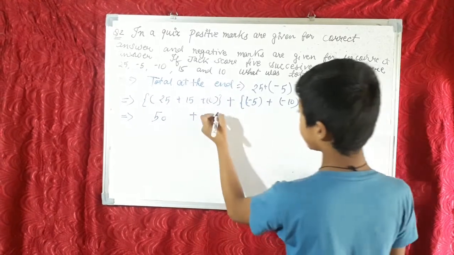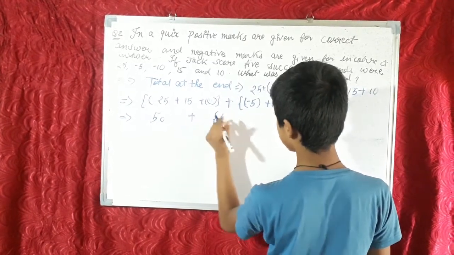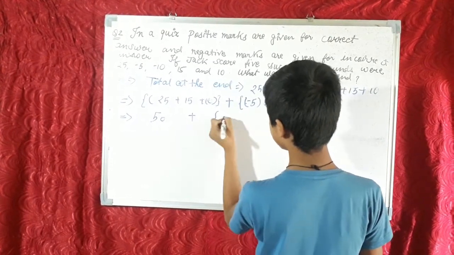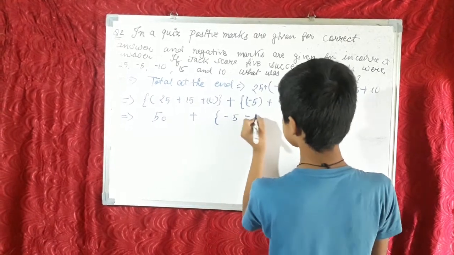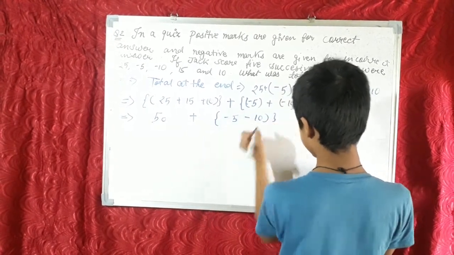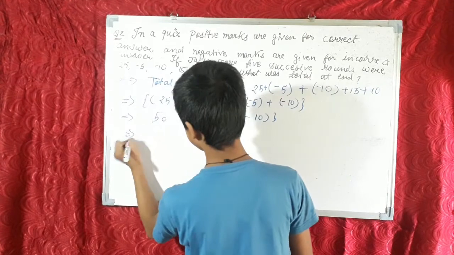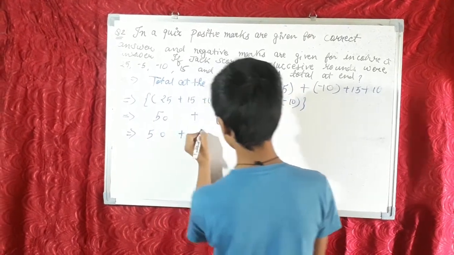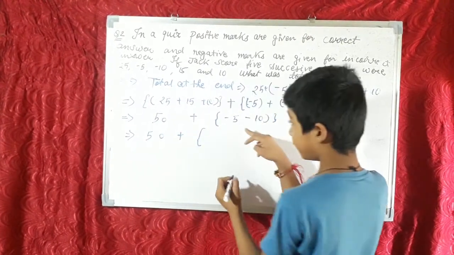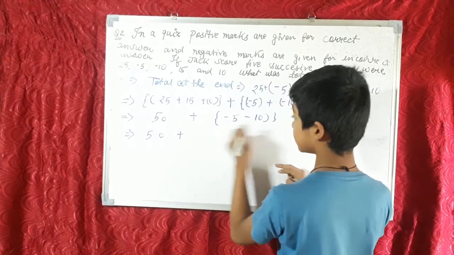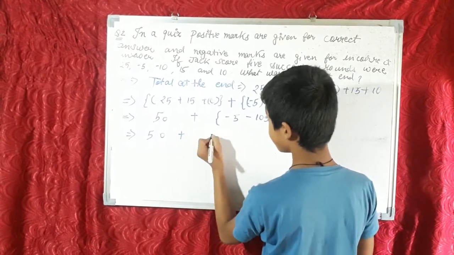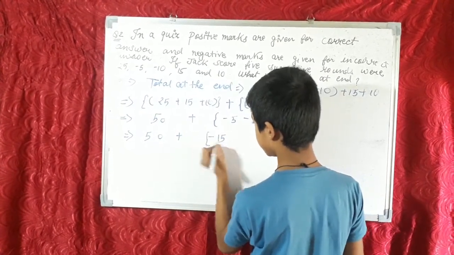When this small bracket opens, 5, then minus plus minus 10 degrees Celsius. Then write here a curly bracket. Then we will write 50 plus. If we open this, 15 plus 10, it is what? It will be minus 15. Then we put a curly bracket.